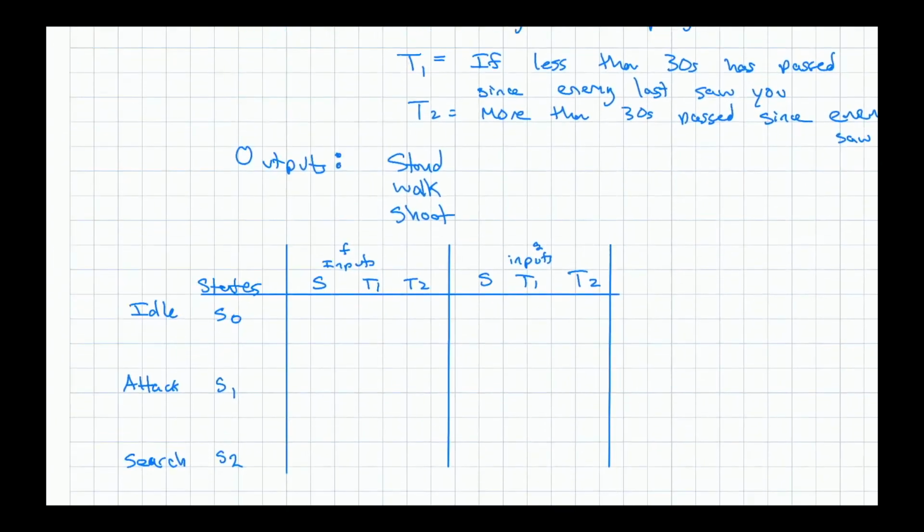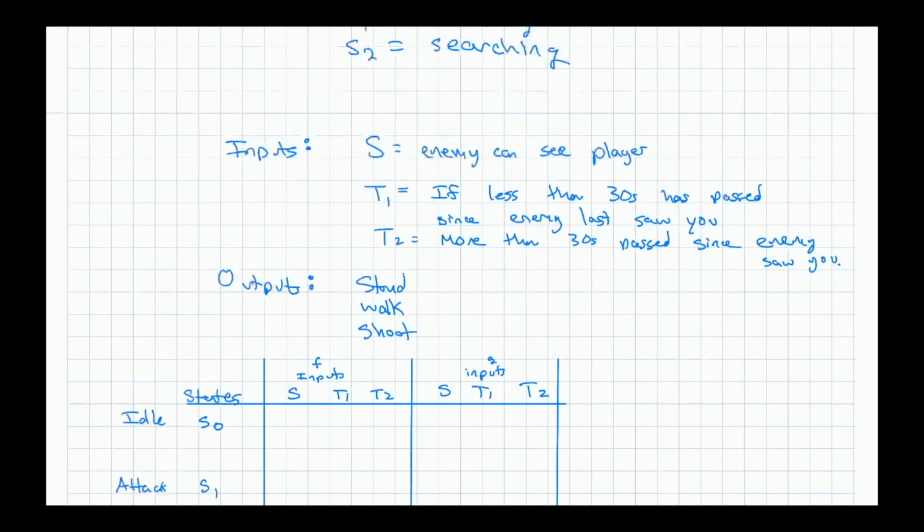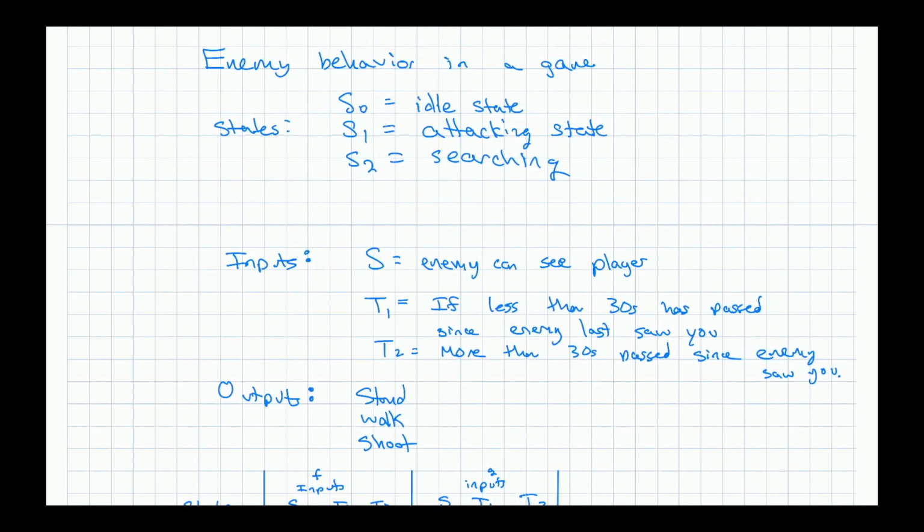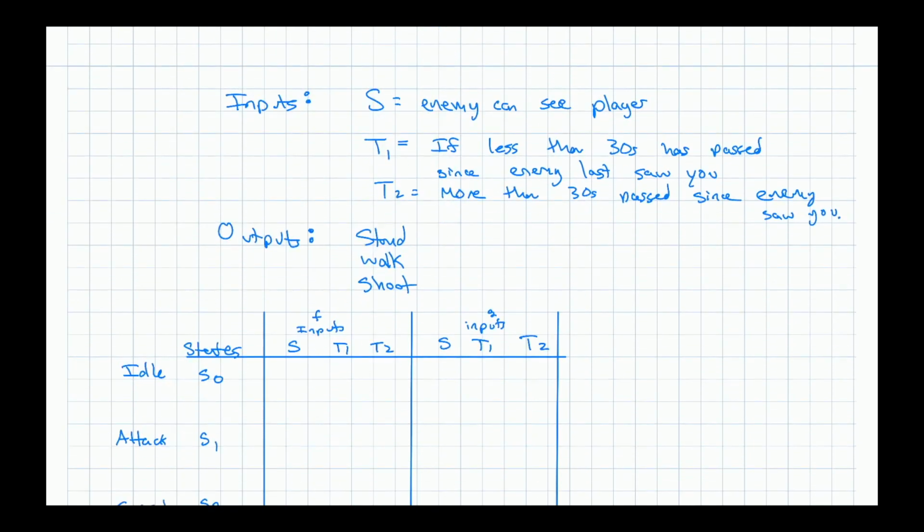So here's the idea: how should this AI behave? If you are in the idle state and the enemy can see you, then the enemy should change into an attacking state. If they can see you, they're going to start attacking. The attacking state is S1, so if the enemy sees you, it moves from idle to attack.